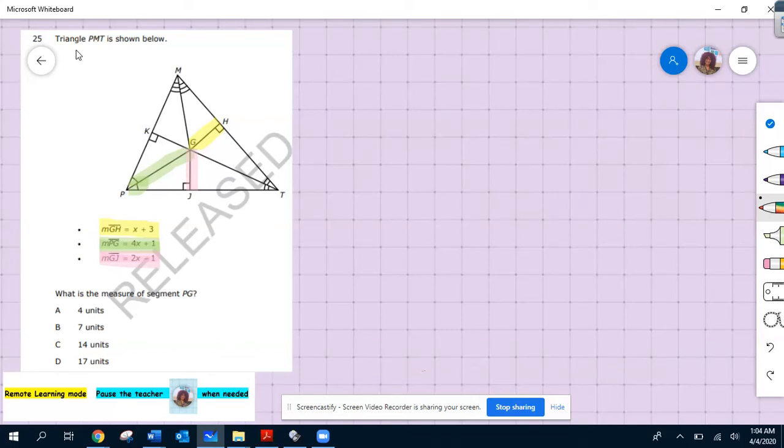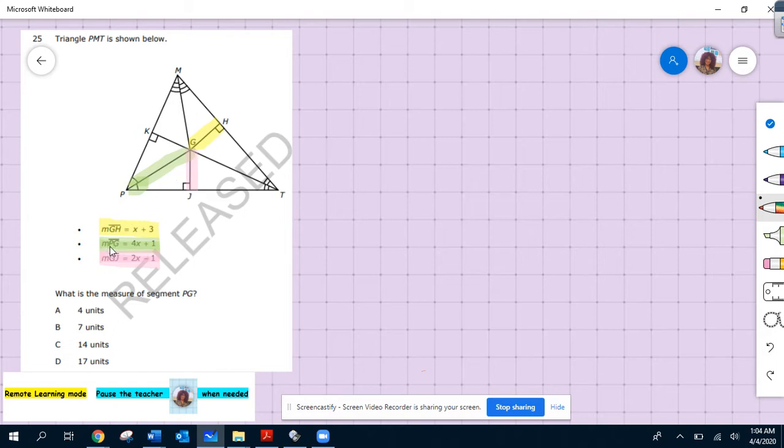P and we will solve together problem 25 from the Math 3 EOC exam. So, it's given the triangle PMT and there are given some measures: the segment GH is x plus 3. I already highlighted this segment to be easy for you to watch.